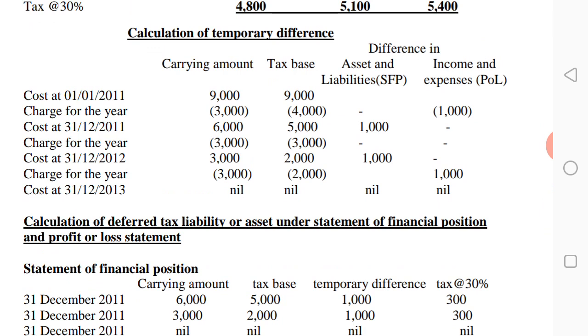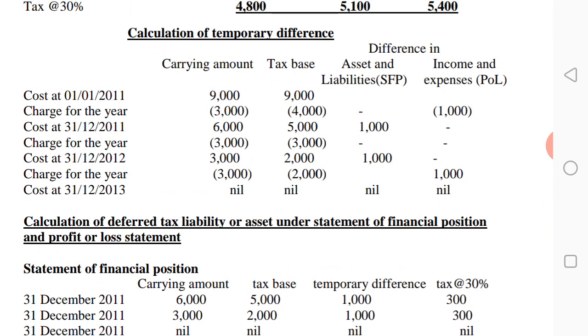So this difference of 1,000 is in the financial position, because we said the carrying amount of non-current assets will appear in our financial position. So that is why I put it under financial position, asset and liability, 1,000. But depreciation and the capital allowance also have a temporary difference of what? 1,000.